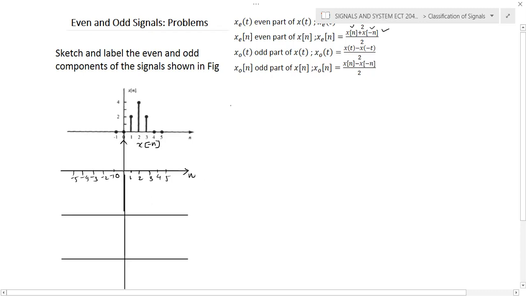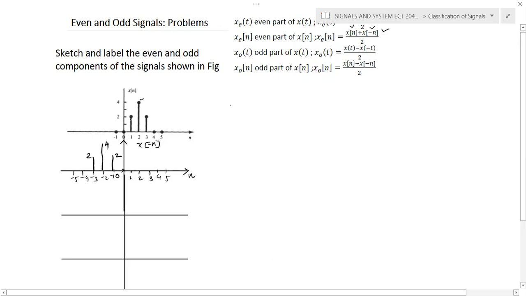So at n is equal to 0, the function magnitude is 0, and at 1 it is 2. So here it becomes 2. Okay. Here it is 4 for n is equal to 2. So here you can see the same signal, it is 4, and at 3 again it's 2. So this is x of minus n, simply the reflected signal x of minus n.